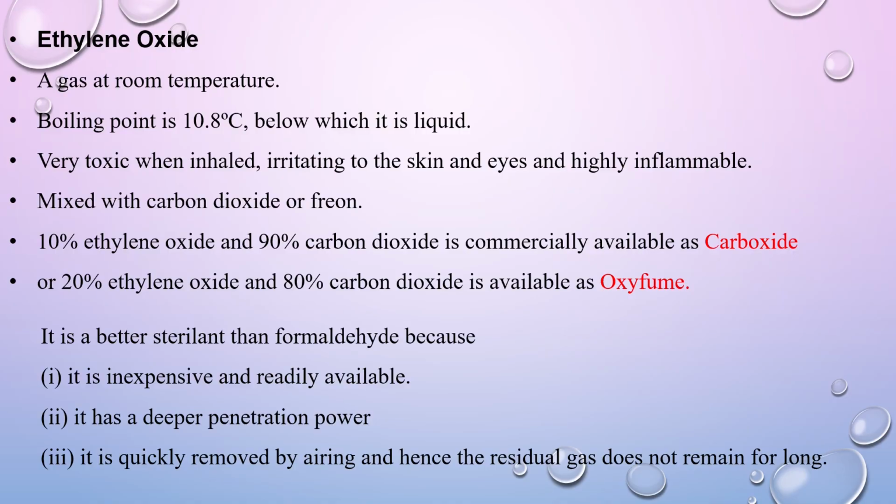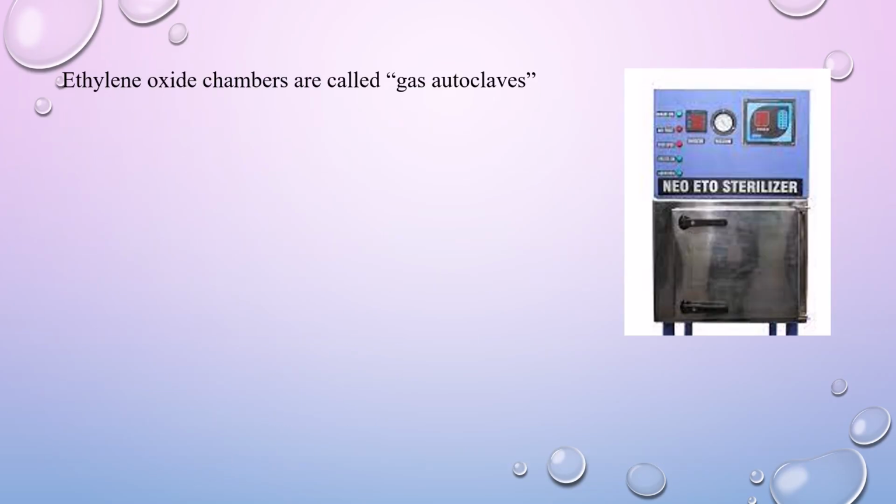Commercially available apparatus for application of ethylene oxide is an autoclave which allows the chamber to be filled with the gas and which has controls for temperature and humidity. For practical purposes, 500 mg of gas per liter is used at about 58 degrees and a relative humidity of 40% for approximately 4 hours.